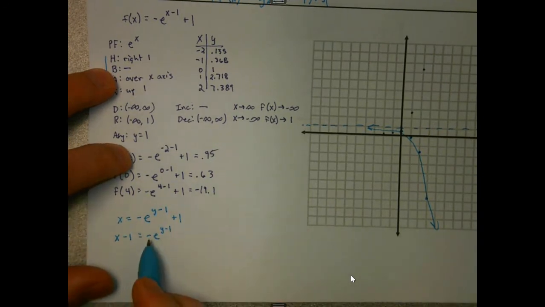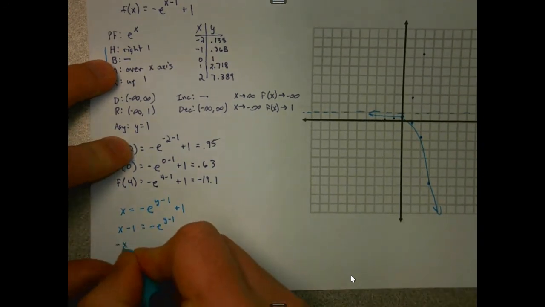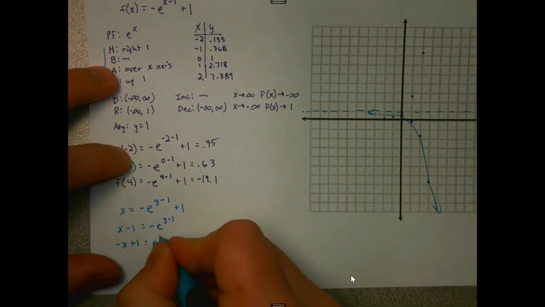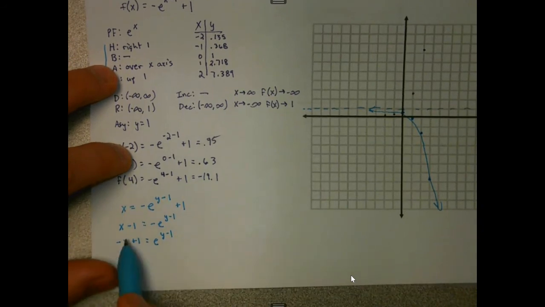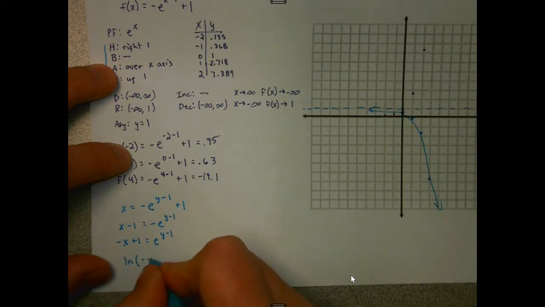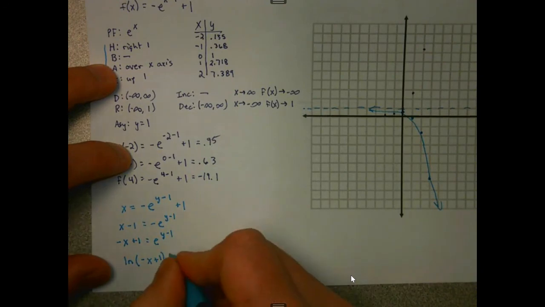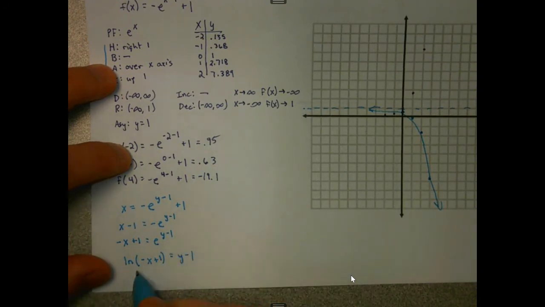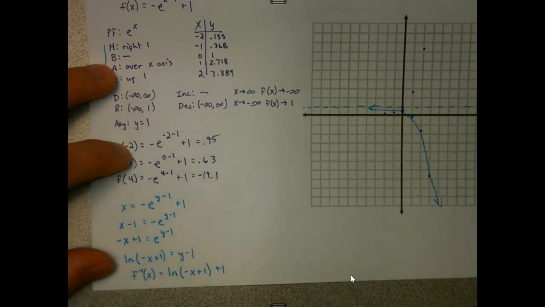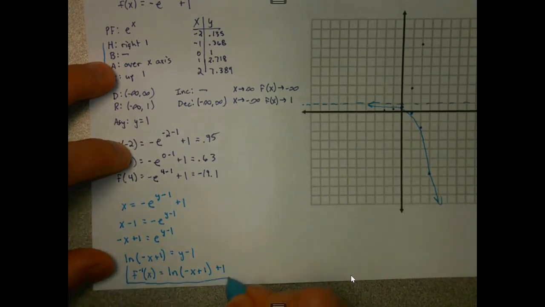We divide by negative 1, so that's negative x plus 1 equals e to the y minus 1. Rewrite it in logarithmic form. Now our base is e, so we use ln. ln of negative x plus 1 equals y minus 1, and then add your 1. So f inverse of x equals ln of negative x plus 1, plus 1. Okay, so there's your inverse.